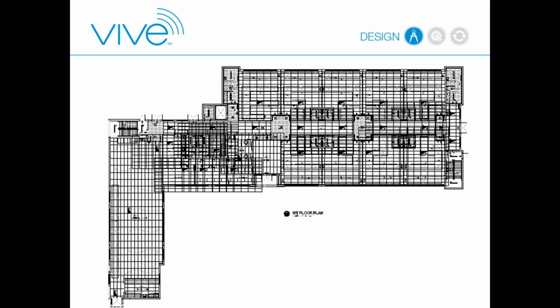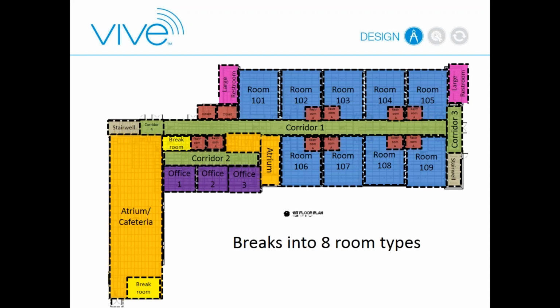And rather than going through and having to detail out the placement of each of those components and figure out which one goes in which area, it's really more of a paint by numbers type of approach. You can simply pick that there are really 8 room types that this breaks out into: classroom, restroom, atrium, open areas, a couple of offices, some stairwells, and just call out those room types on this diagram.